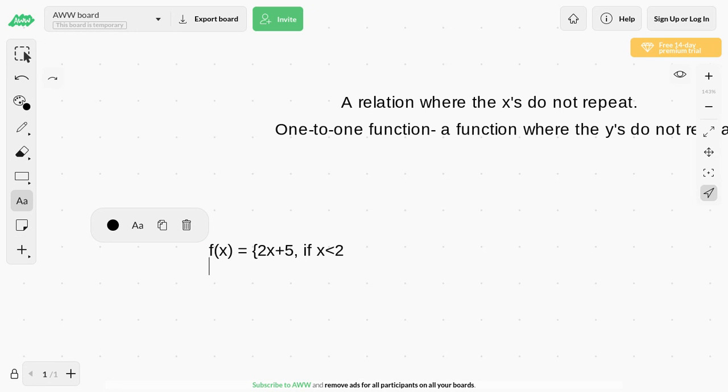And then you have another one, and it says negative x minus 7 if x is greater than 2. Okay, so you see a problem like this, and you are very confused.